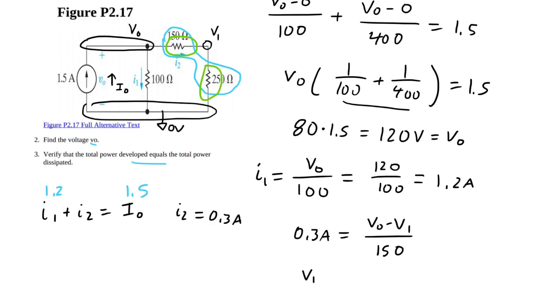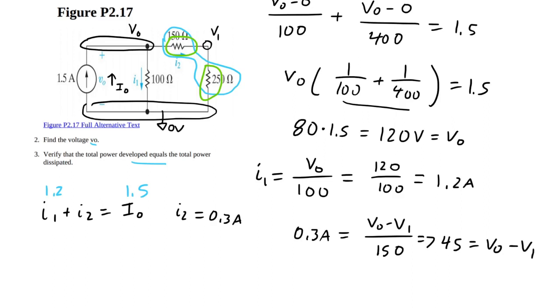Let me write it down just so there's no confusion. So this is 45 equals V out minus V1.